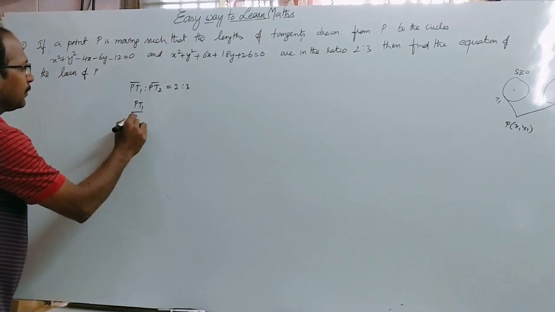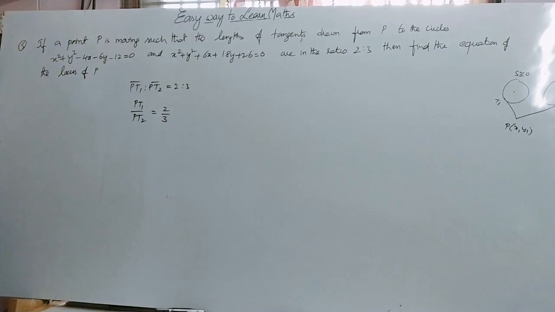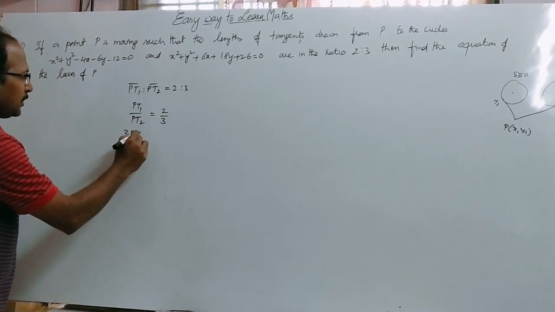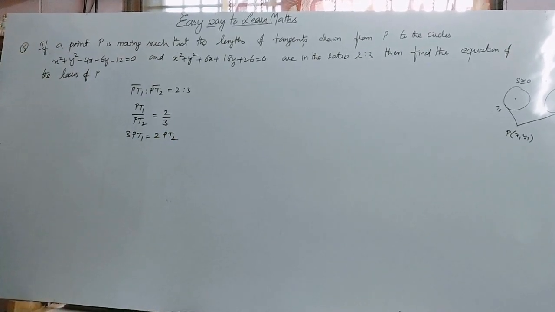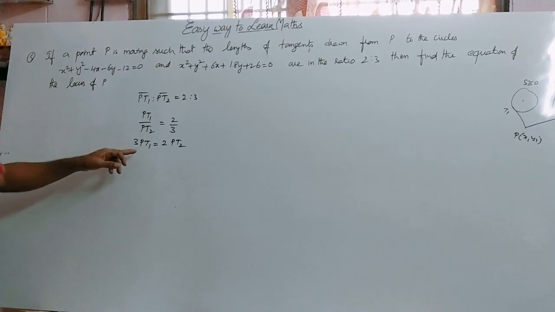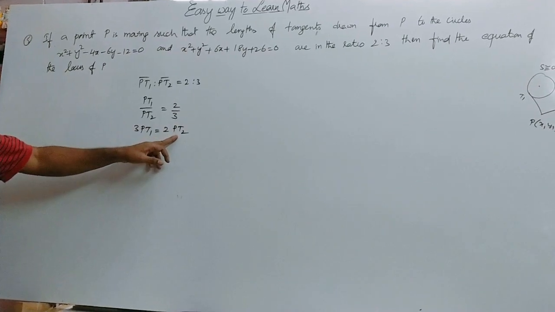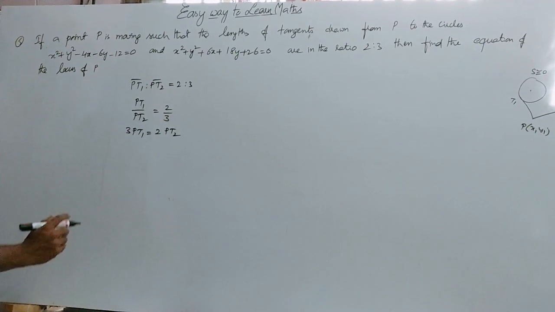Indirectly, PT1 by PT2 is equal to 2/3. Then after cross multiplication, 3PT1 is equal to 2PT2. This is the equation indirectly given. Now let us find the values of PT1 and PT2, then substitute in this equation, or directly we can substitute.